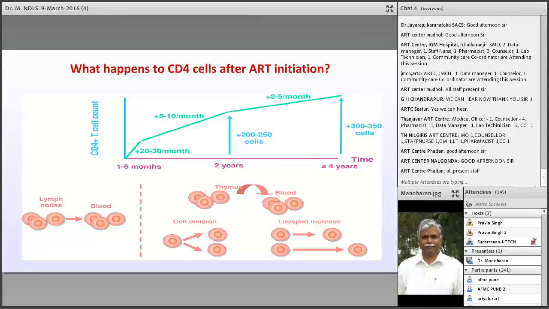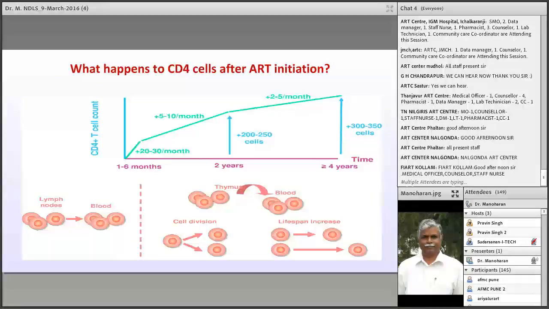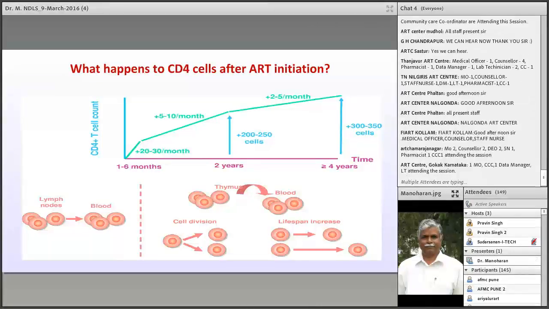After initiating antiretroviral drugs to an HIV patient, what happens to the CD4 count? That's what this particular slide illustrates. There are three phases of CD4 increase once we initiate antiretroviral therapy.